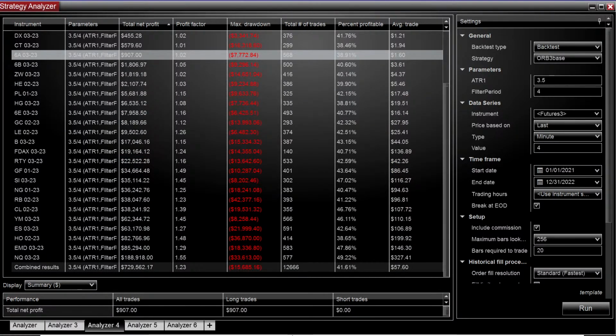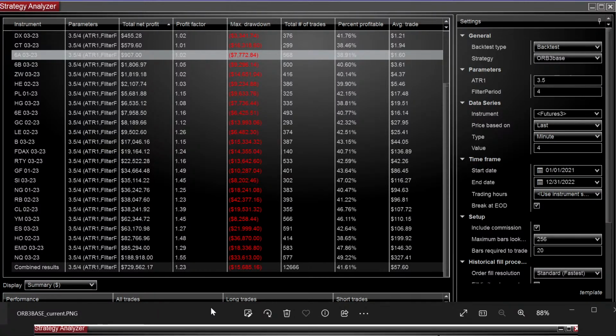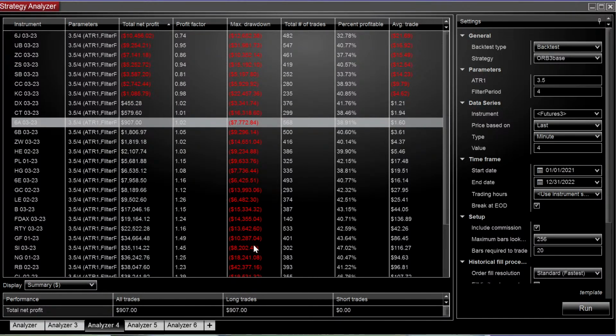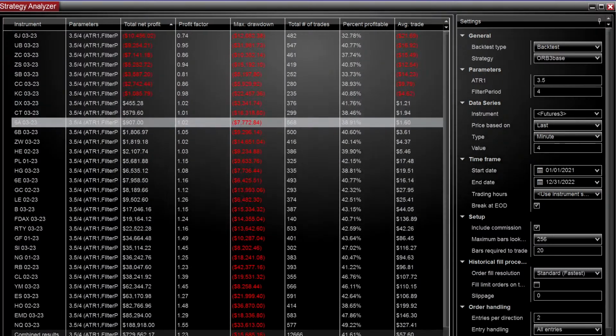So yeah, solid rule. It did drop our net profit to drawdown very slightly. It is 47 instead of 48. But great results, great rule, I believe. So let me screenshot this right quick.